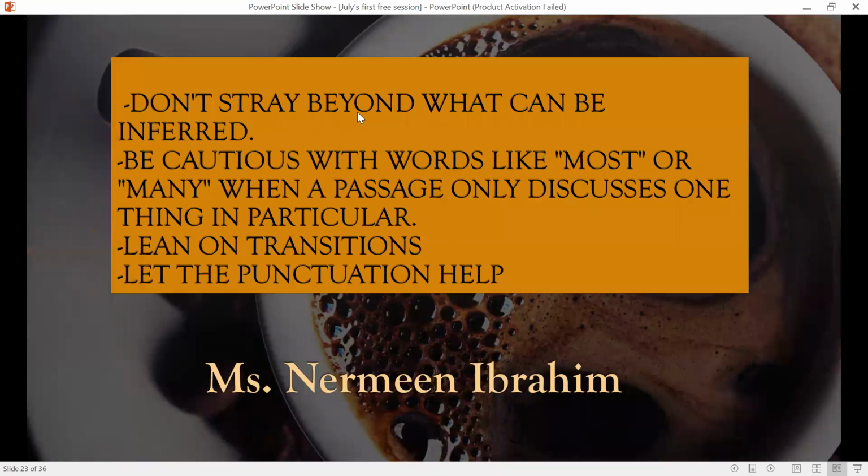You don't have to go beyond what can be inferred. You shouldn't stray beyond what can be inferred. Don't make up stories. Be cautious with words like most or many when the passage only discusses one thing in particular.